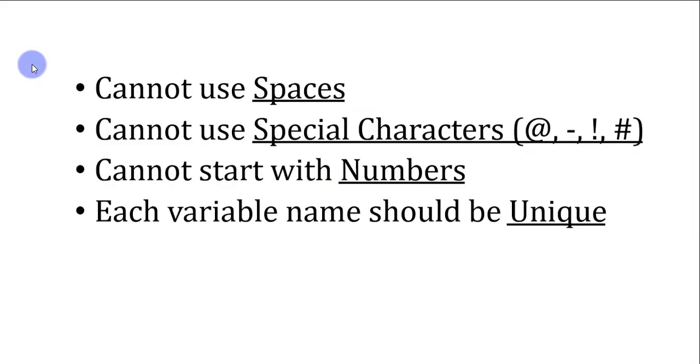While creating variable names, you have to consider a few things: you cannot use spaces, you cannot use special characters, you cannot start the variable name with a number, and each variable should have a unique name. Like you cannot give a similar name to different variables.